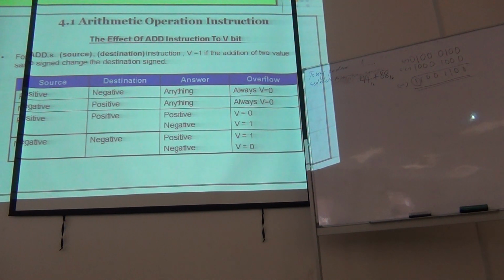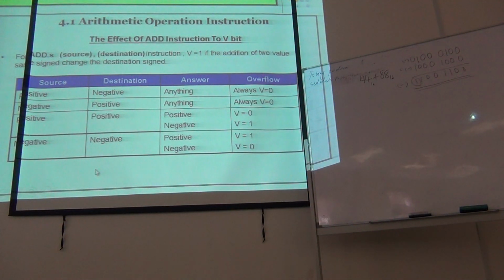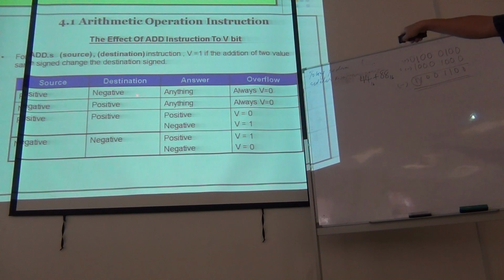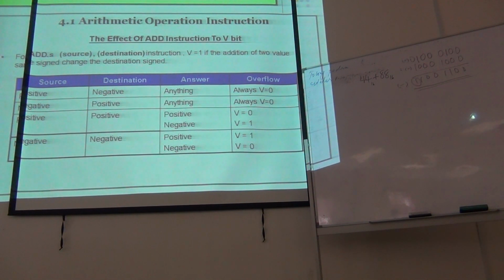D1 is 88, right? D1 sign is negative. Destination, right? So negative here plus positive resulted in negative or positive, your V is always equivalent to 0.